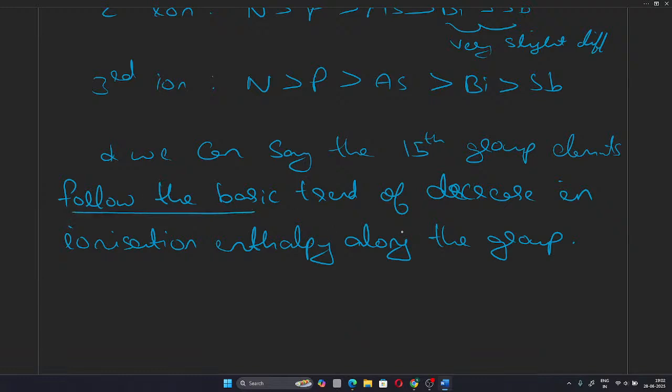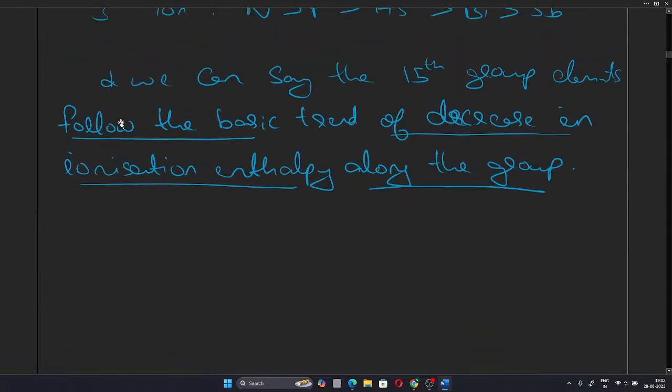This is the case for ionization enthalpy.